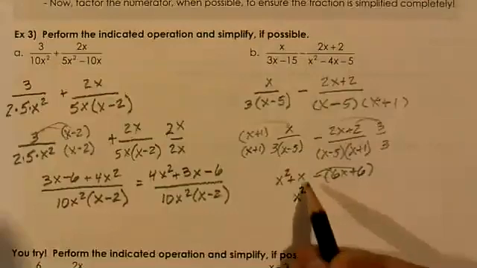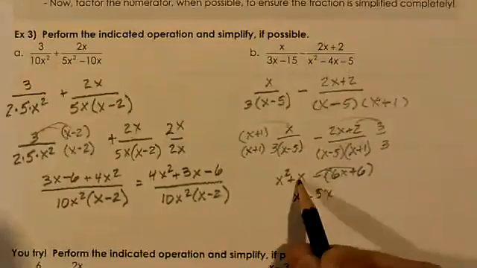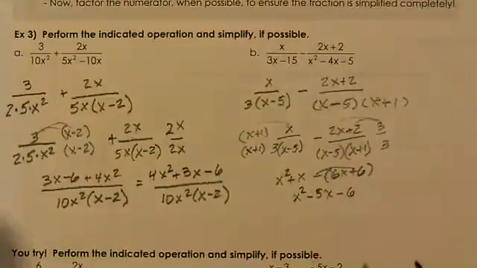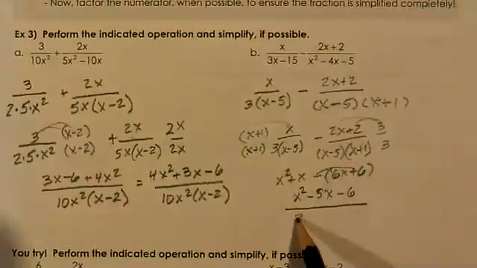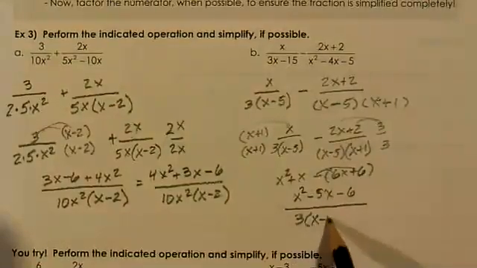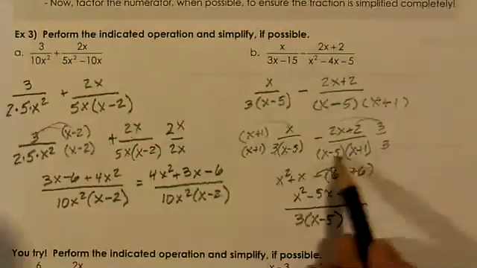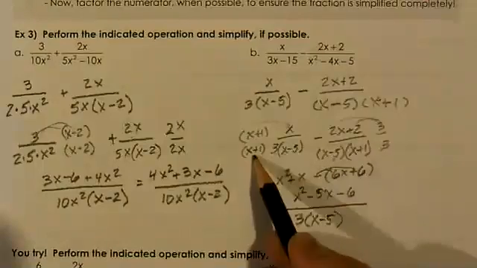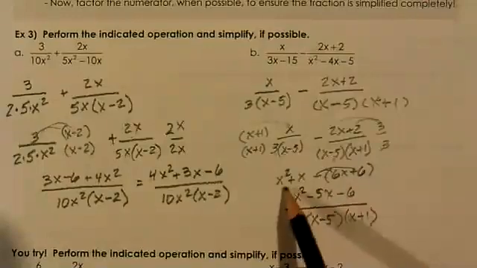X squared minus 5x, that's a -6 and a +1, and a -6. And I would have a 3, an x minus 5, and the x plus 1, all in the denominator.